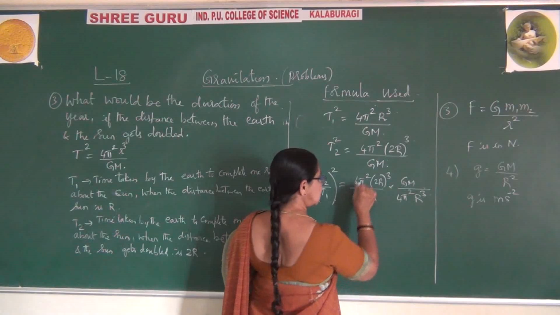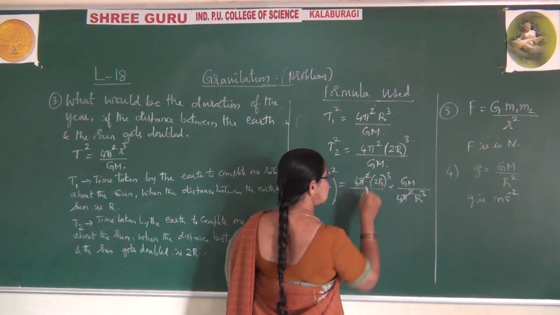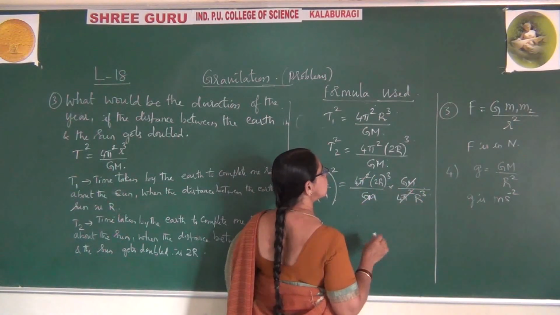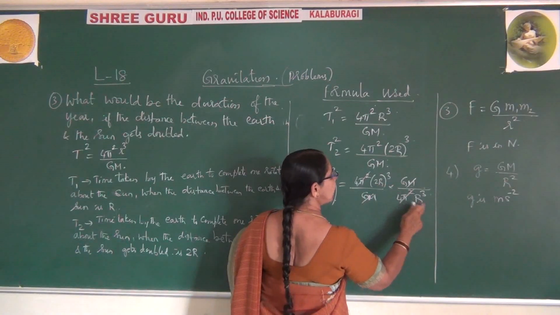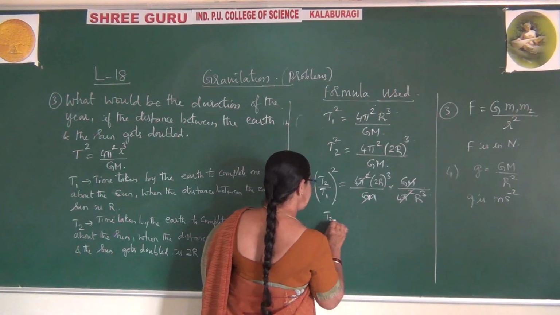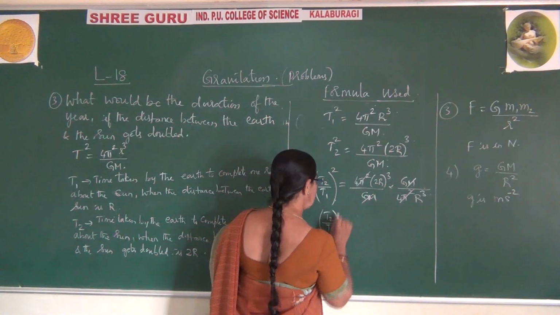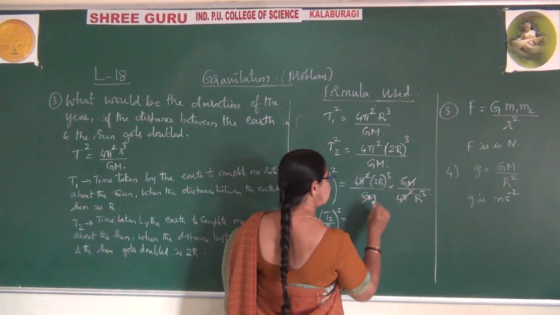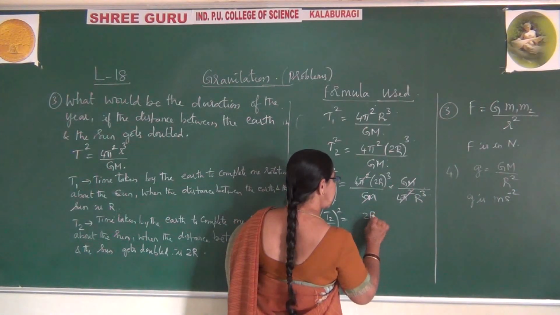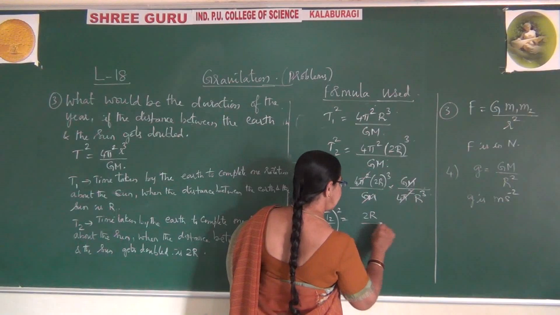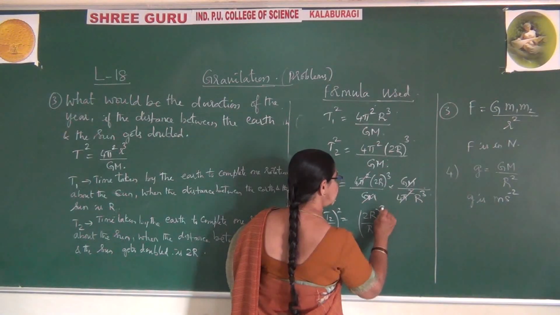Right? 4 pi square and Gm get cancelled. Now 2R cube divided by R cube. So T2 by T1 whole square is equal to 2R divided by R whole cube.